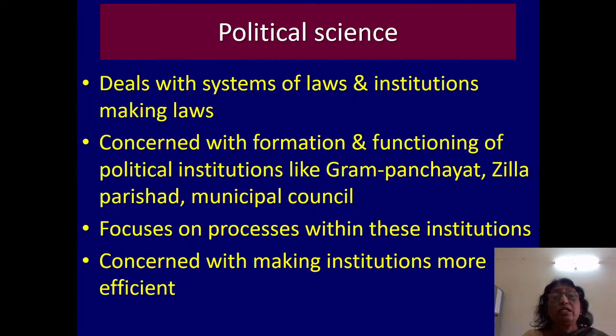Above it is the Jilla Parishad. And if it is an urban area, it is the municipal council. It focuses on processes with these institutions. All these have to function if they want to see that their population is healthy. They are concerned with making institutions more efficient.